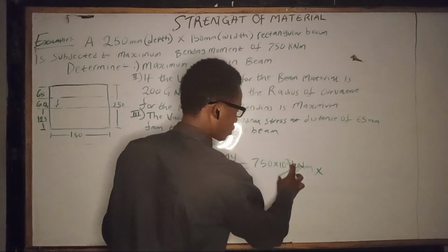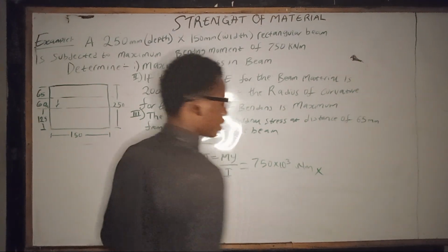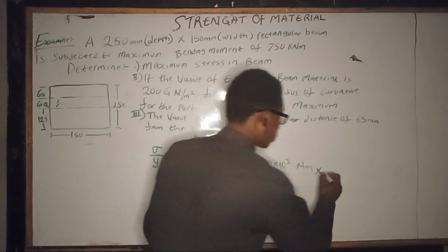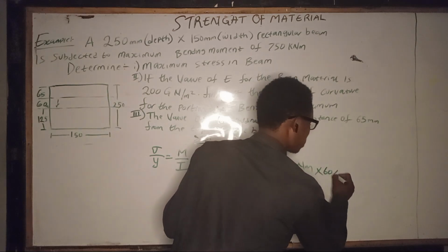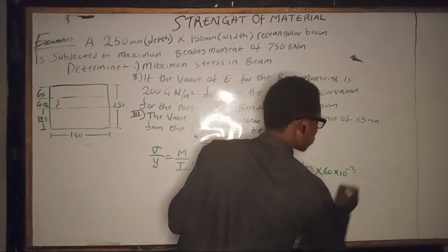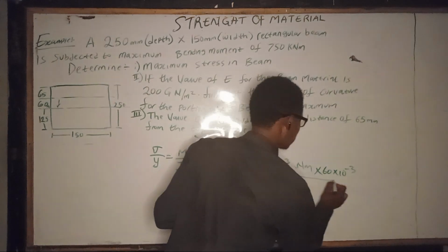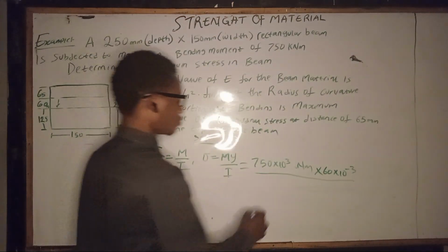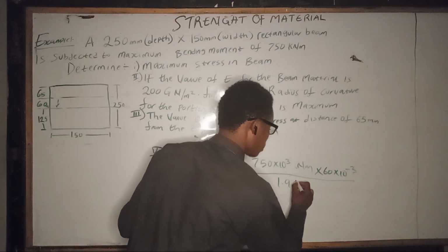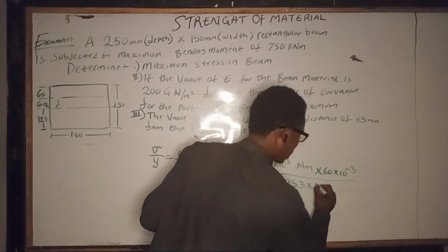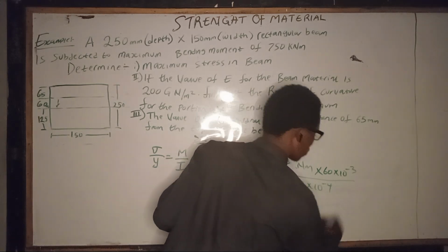Our y will be in meter, so it will be equal to 60 times 10 raised to the power minus 3, divided by inertia, which is 1.953 times 10 raised to the power minus 4.